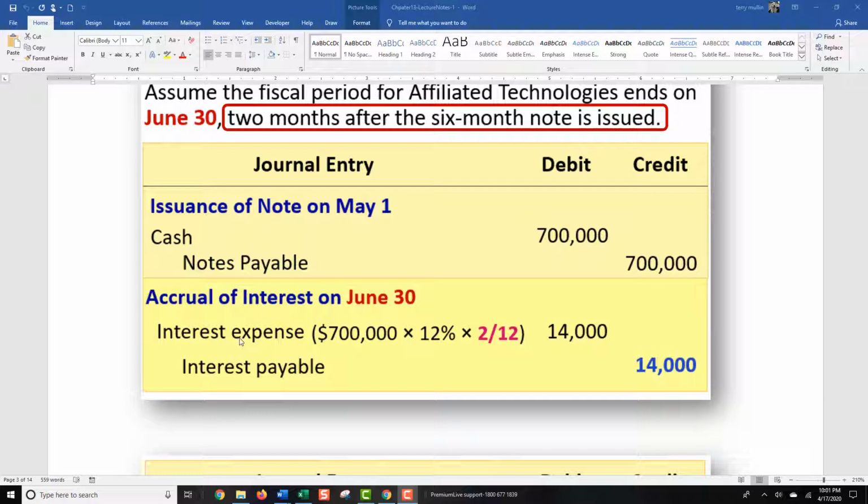So what you have to do is take the principal times the rate, and 2 months out of 12 months has gone by. So since you have borrowed that money, you have an obligation to pay that interest. It's just not time to pay it yet. So therefore, you do have an interest expense, but it's not time to pay it. So you're going to put that into interest payable, right?